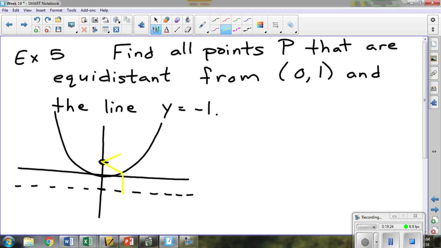If we came over here, those two distances would be the same. Every single location on the parabola, those two distances match up with one another. This is a problem where we are trying to create the equation for this parabola.